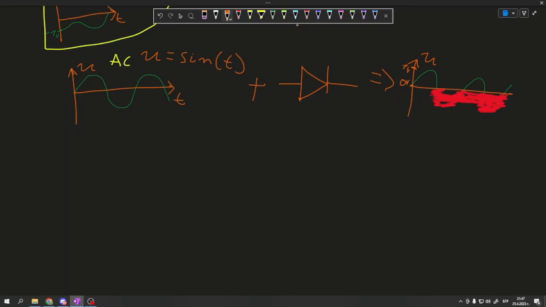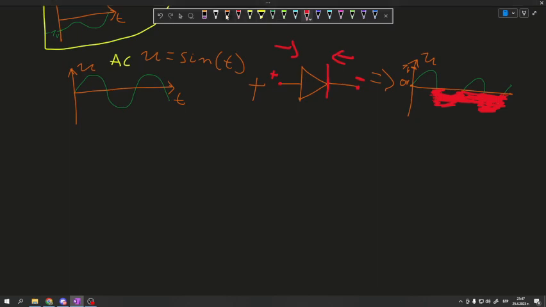And the diode has a kind of wall here, which blocks the current when it goes in that direction. Because in AC, the current goes in this direction and the opposite. This is the positive, connected here with plus and here with minus. That's the top region.